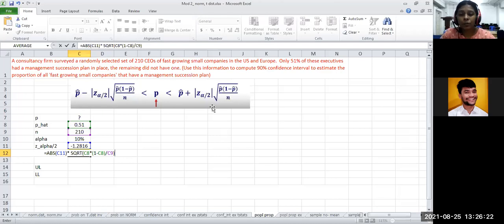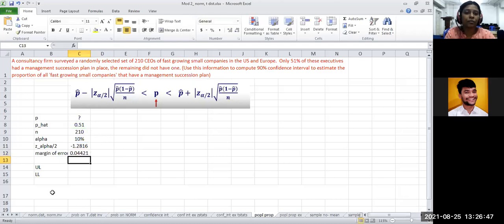Since we are using this population proportion formula, your margin of error formula is this. So accordingly, please write your margin of error formula: absolute of whatever value you have calculated for Z alpha by 2 into square root of p hat, which is 0.51, into 1 minus p hat by your n value. Click enter, you should get this value. Yes? Yes, ma'am.